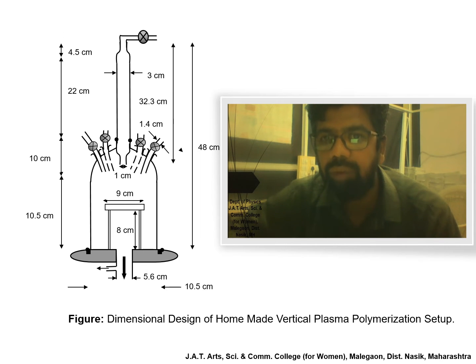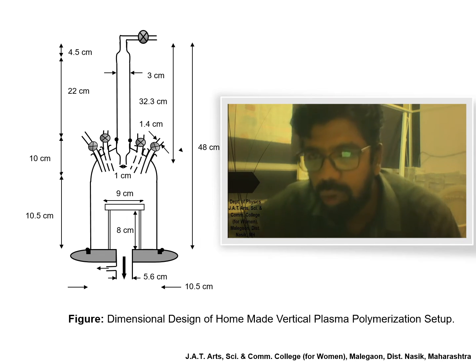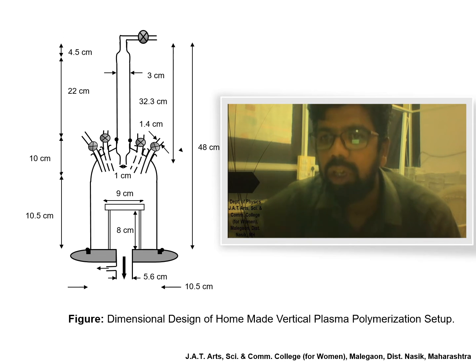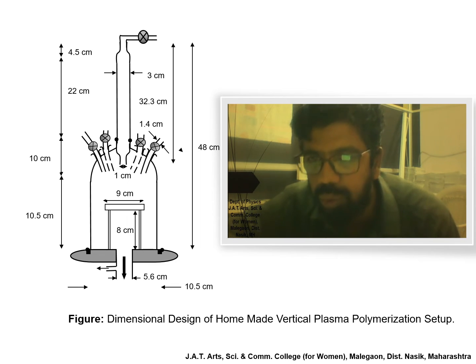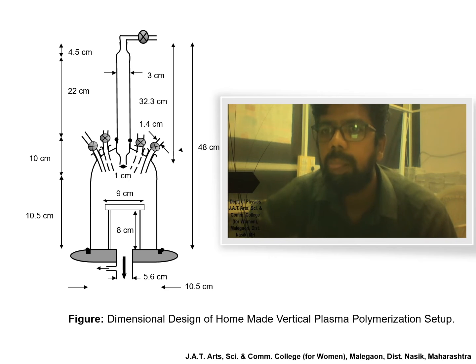Here we have 4 walls, which are used to insert different monomers, and each has a diameter of 1.4 centimeter. The whole setup is 48 centimeter long, and the vacuum system is directly connected to the 5.6 centimeter hole.